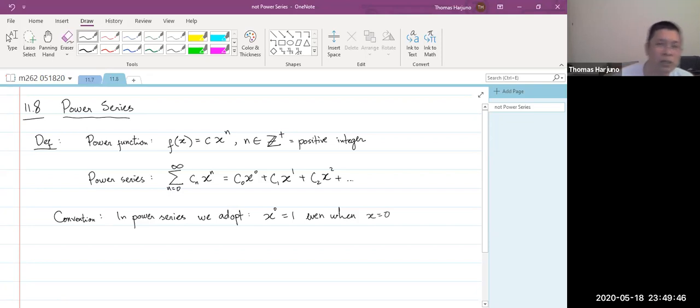Basically, a power series is a polynomial. Because a power series is a polynomial, the domain is all real numbers. Okay, but we have an issue when x equals 0. When x equals 0, what happens? 0 to the 0. So 0 to the 0 is supposed to be undefined. Okay, supposedly.